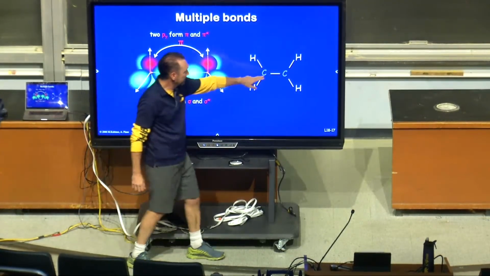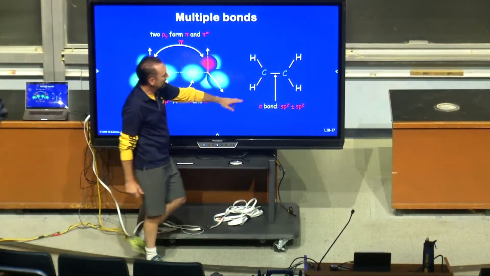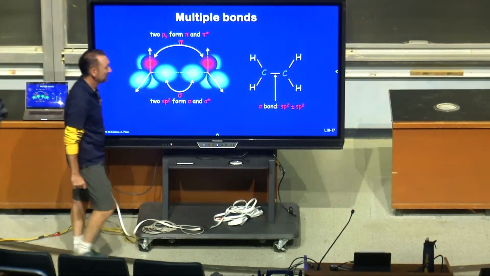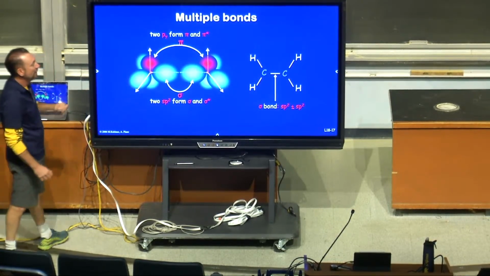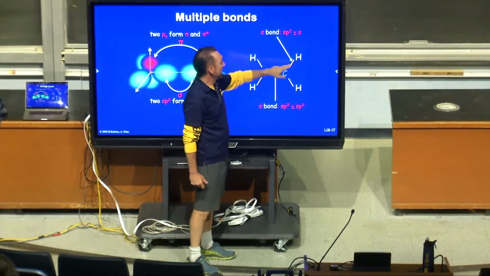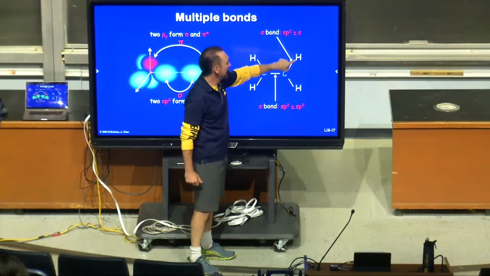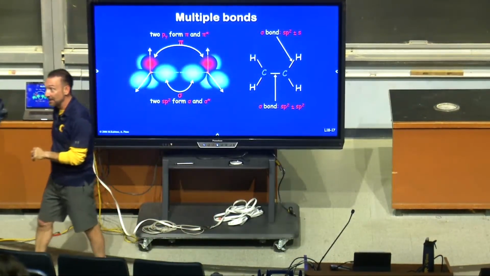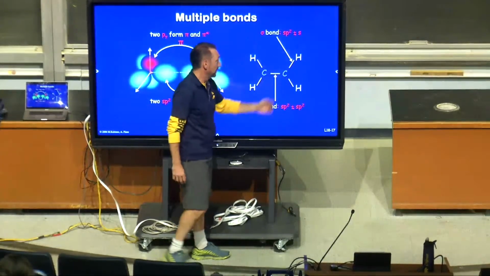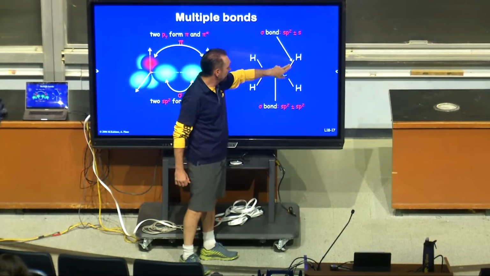So there's the sigma bond formed from the sp2 orbitals, and I'll take two linear combinations, sp2 plus sp2 and sp2 minus sp2, to make a sigma bonding and sigma anti-bonding orbital. Two orbitals there. Here I'll form a sigma bonding orbital between the sp2 on the carbon and the s. No need for the hydrogen to hybridize. It can use its 1s orbital. It's the only one it has, and it only has to accommodate one orbital, so no need to hybridize.